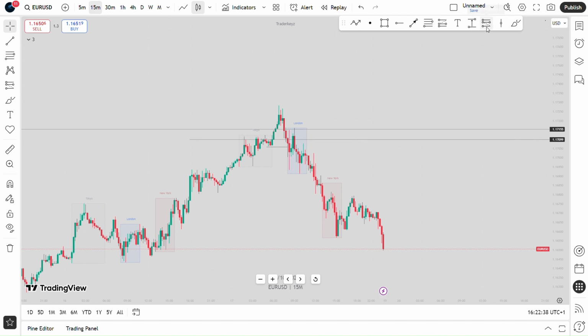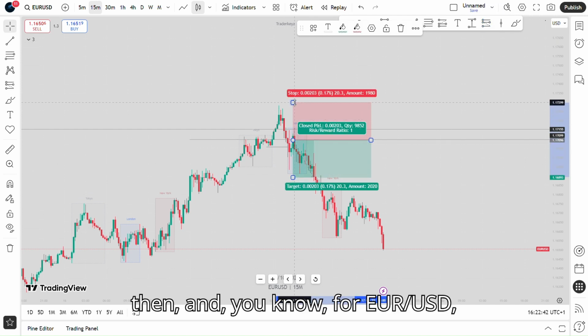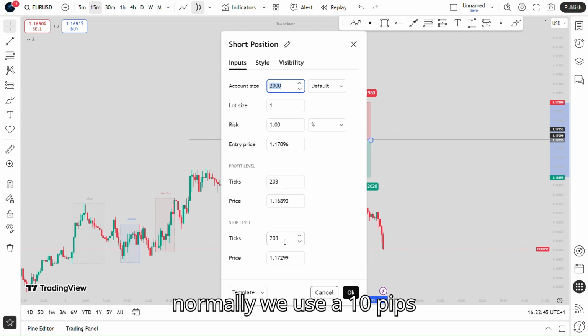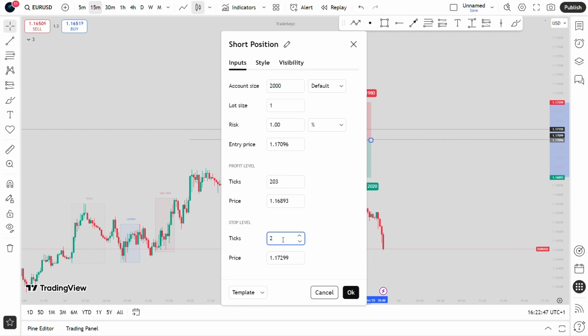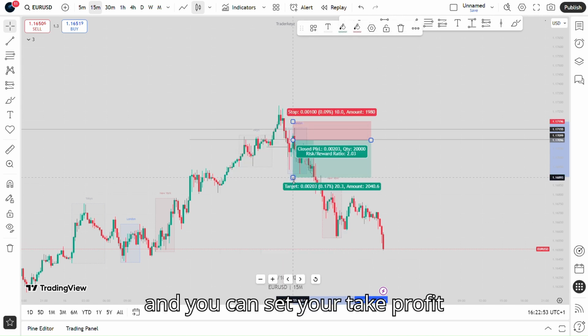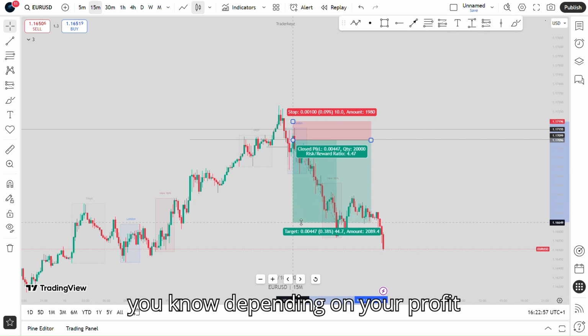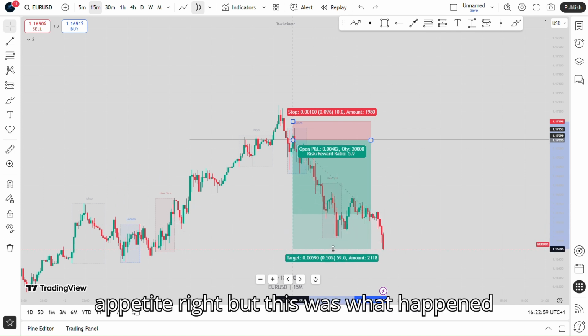Now you can set a limit at this point then, and for EURUSD normally we use 10 pips SL, and you can set your take profit depending on your profit appetite, right? But this was what happened.